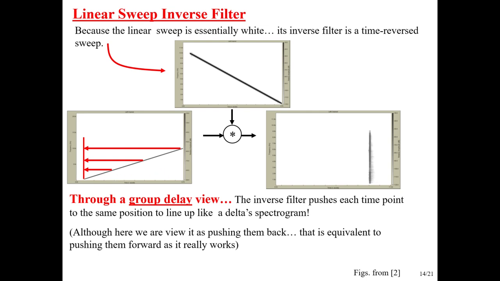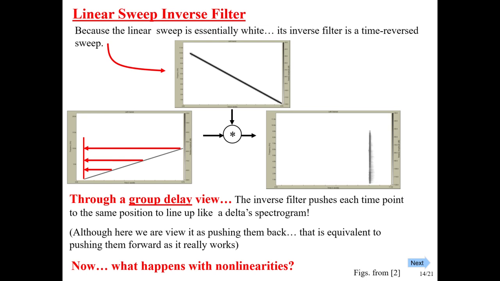But I find it easiest to think about it doing the opposite. So these low frequencies are moved back a smaller amount than the high frequencies are moved back. And then I have that vertical thing, which then gets delayed. All of it gets delayed to there. So that's the idea. So think about that general idea.